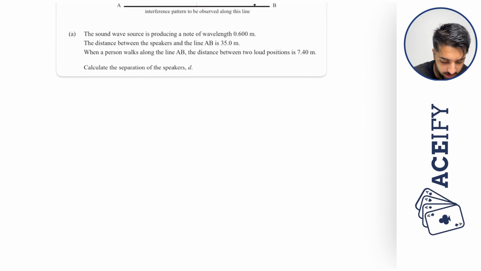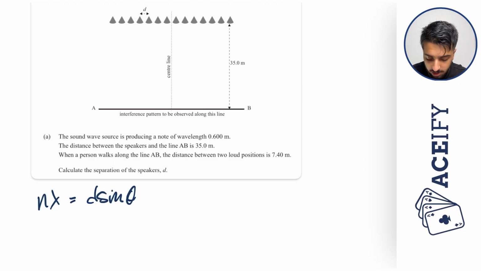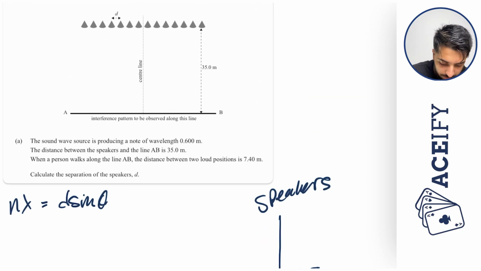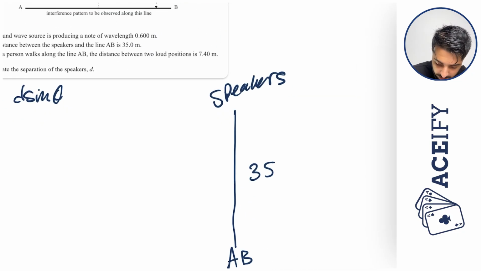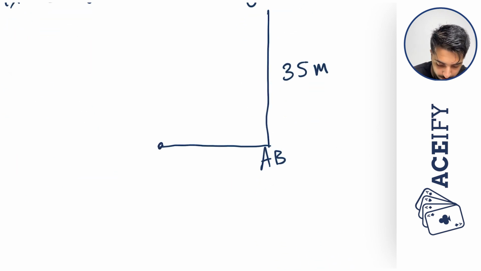So this is clearly a question of n lambda is equal to d sine theta. Now if we look at the information that we're given, the distance right here is 35 meters, so this is line AB, and this is our speakers. So you can see that's that situation right there. So that's 35 meters. And along this line, the distance between two loud points is 7.4 meters.